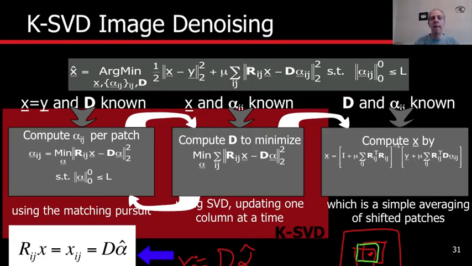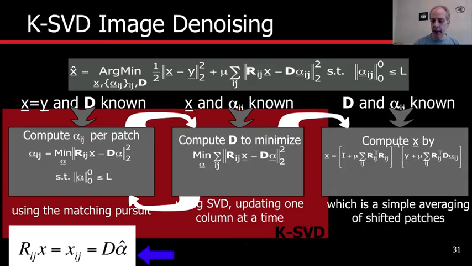We average all those patches. You can add weights to the average, which is what the theory tells you: if the pixel is in the center of the patch, then that patch is more important than if the pixel is in the corner of the patch. But that's just a technicality. You can just reconstruct every patch with the sparse code and the dictionary that we have learned, and just average those 64 if you're using an 8 by 8 block. So this is all that you do. Every patch, sparse coding, and KSVD to learn the dictionary.